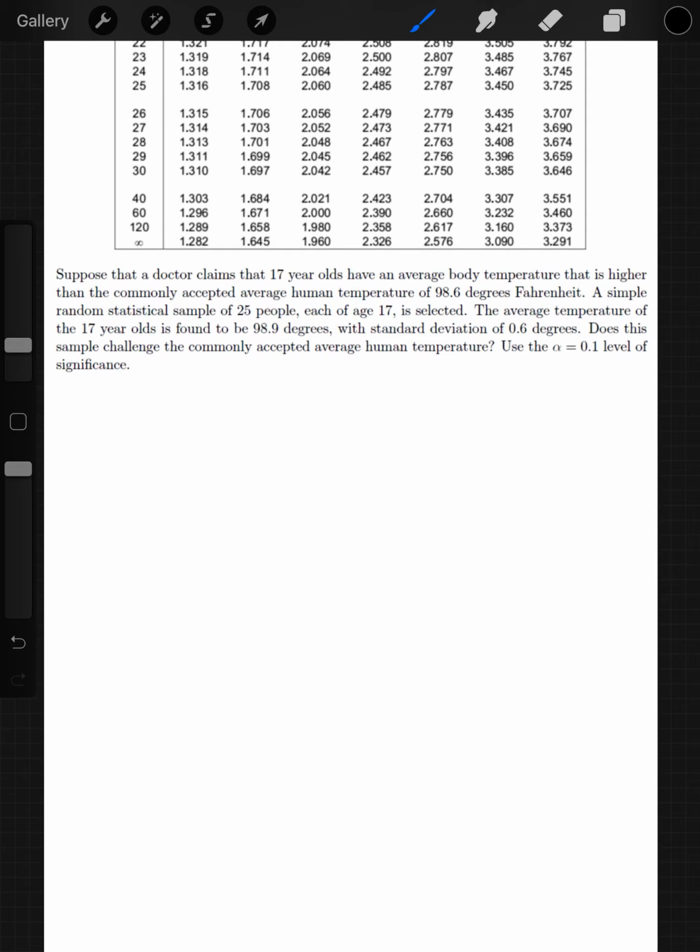So this sentence tells us both of our hypotheses all in one go. The claim that's being made, the thing that we're testing, is that something is higher than the commonly accepted thing. Now, the commonly accepted, the status quo, the sort of baseline, is always going to be the number that goes into our null hypothesis.